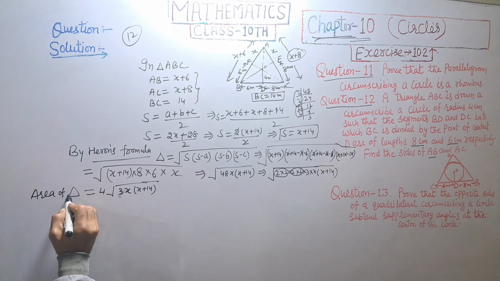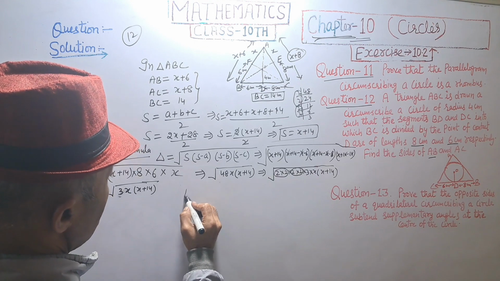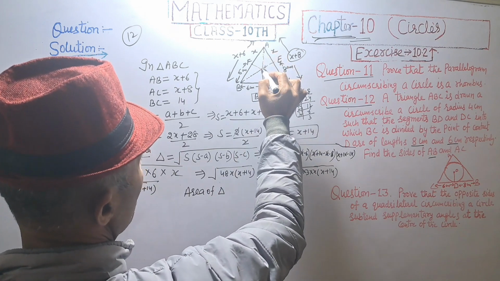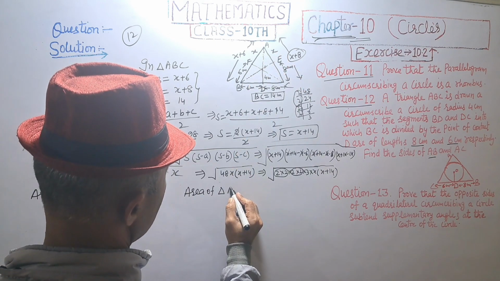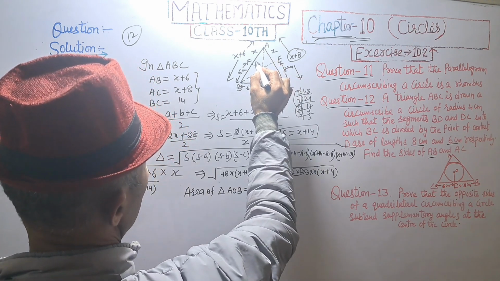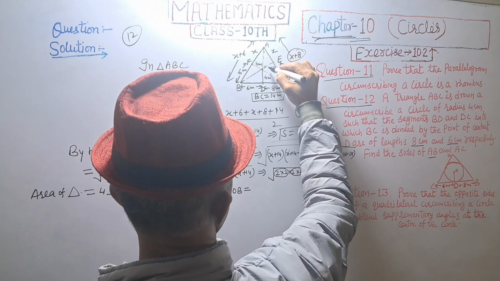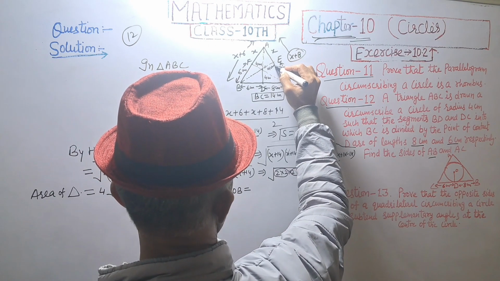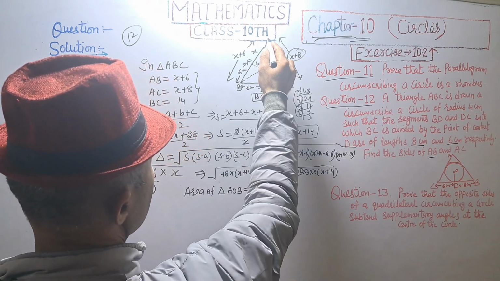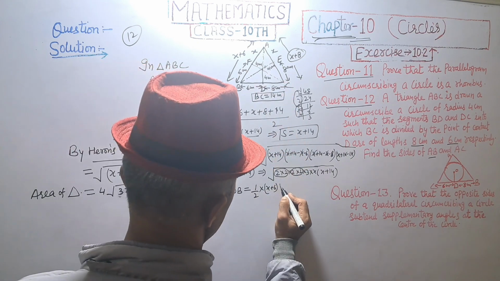Area of triangle AOB is equal to half into base into height. The base AB is x plus 6 and the height is 4 centimeters.